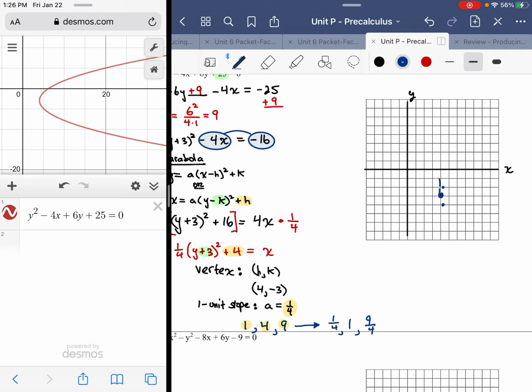If I go 2 units out, I'm going up 1. If I go 3 units out, I'm going up 9/4, which is 2 1/4. So 1, 2. A little bit of estimation is required. But then after that, you can just estimate it. Just do a little ballparking.